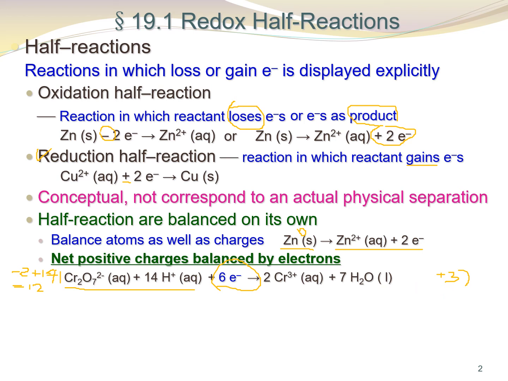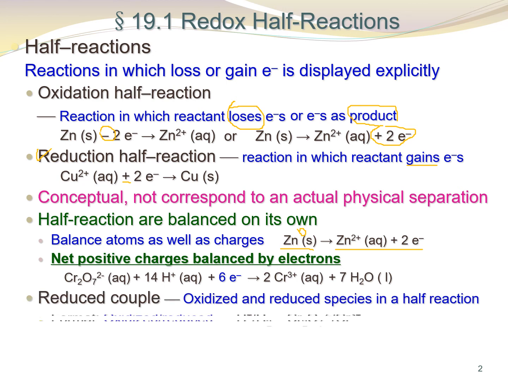Let me erase the whole thing here because I'm making quite a mess. When we introduce the species that undergo oxidation and reduction, we put them all together and call them a redox couple.